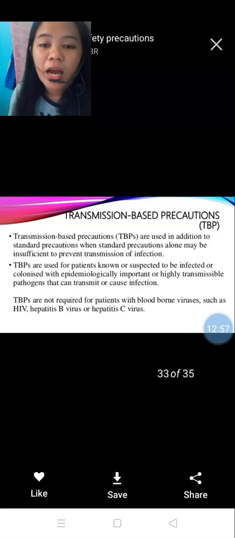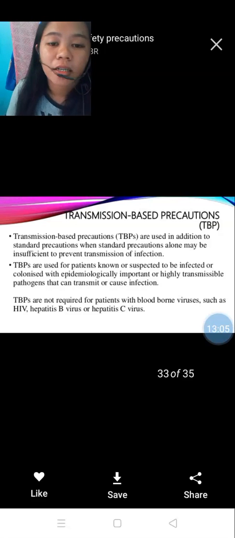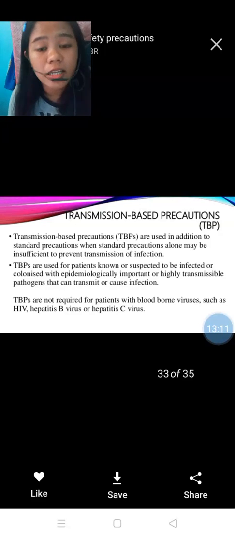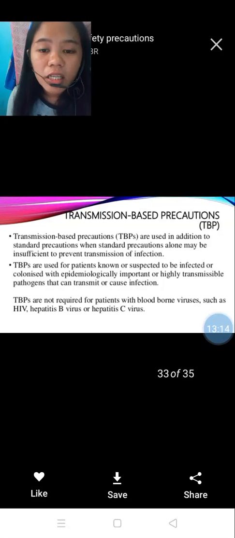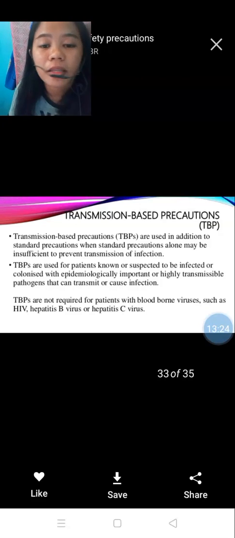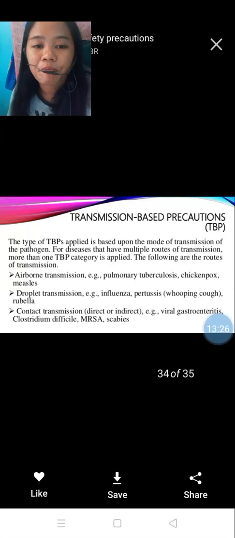TBPs are used for patients known or suspected to be infected or colonized with epidemiologically important or highly transmissible pathogens that can cause infections. TBPs are not required for patients with bloodborne viruses such as HIV, hepatitis B virus, or hepatitis C virus.